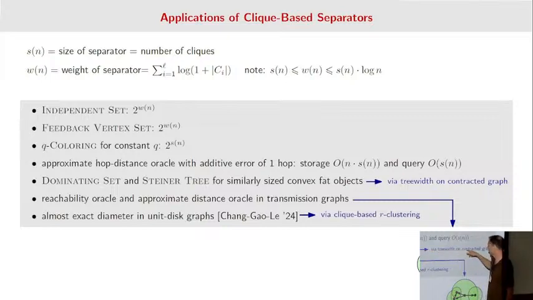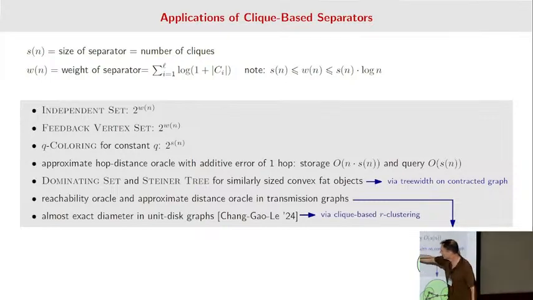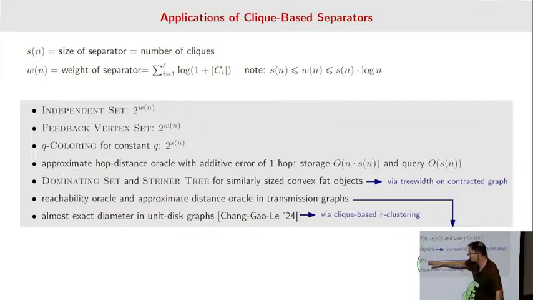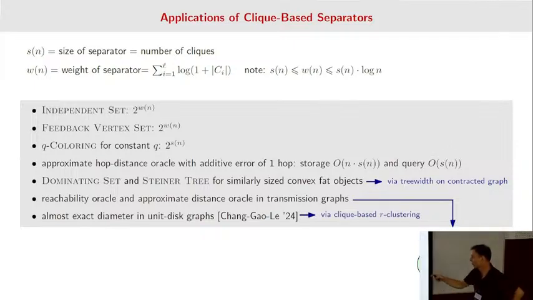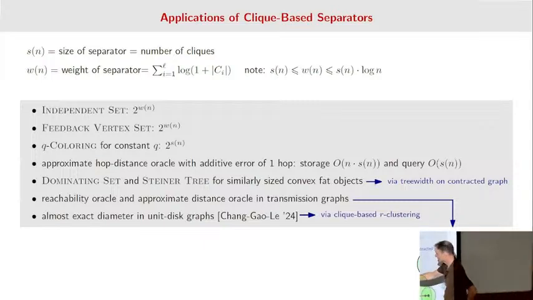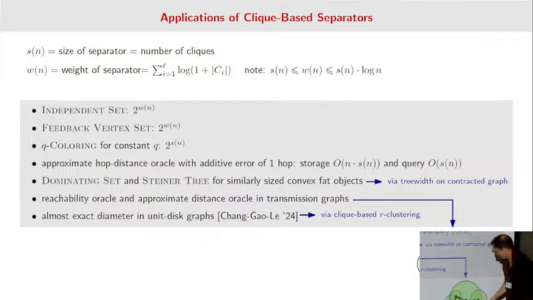Here you need to do a bit more, but we also showed that if the objects are more or less the same size, then you can do dominating set or Steiner tree. This is actually also I think very nice.